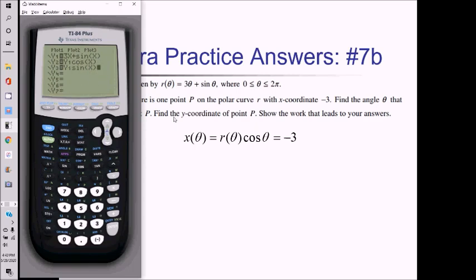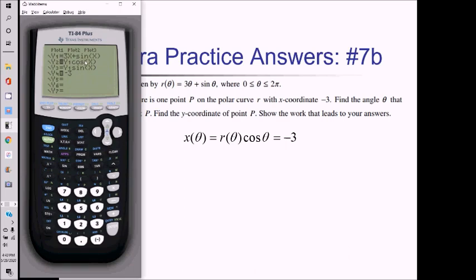Now, all I wanted to graph in this case was y2, r of theta cosine of theta, and I need to see where that intersects -3, so I need another one here, -3. I'm going to put that in y4. So let me deselect everything that is not -3 or the x of theta function there. So I'm going to deselect y1 and y3.